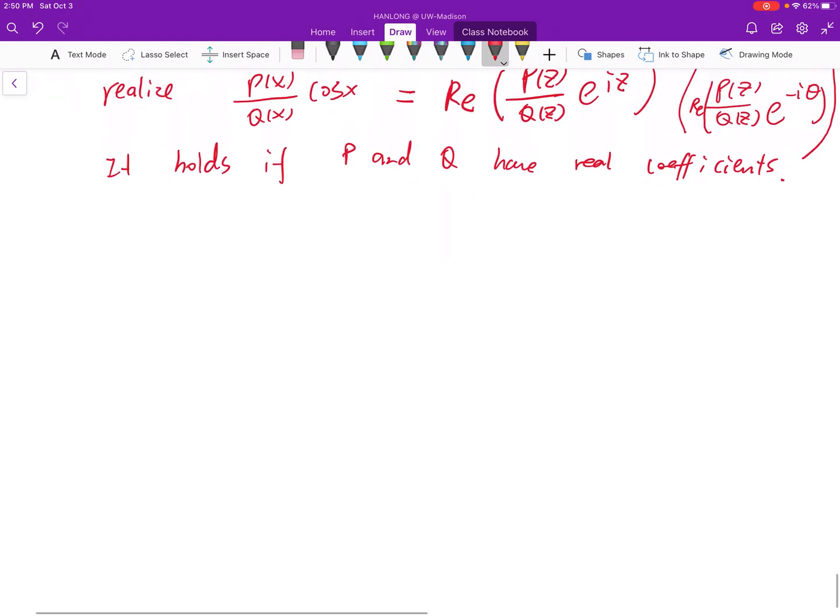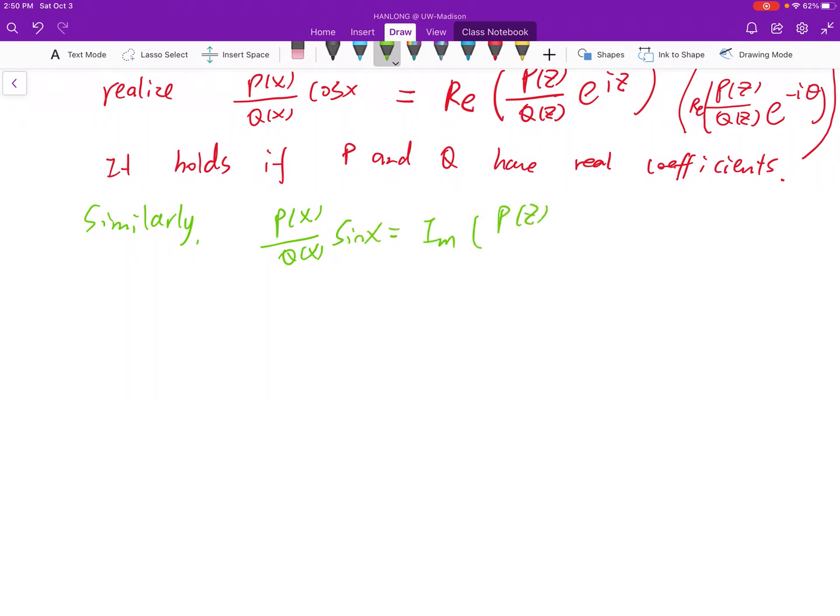Similarly, P(x) over Q(x) times sine x is the imaginary part of P(z) over Q(z) times exponential iz, or negative the imaginary part of P(z) over Q(z) times exponential negative iz.